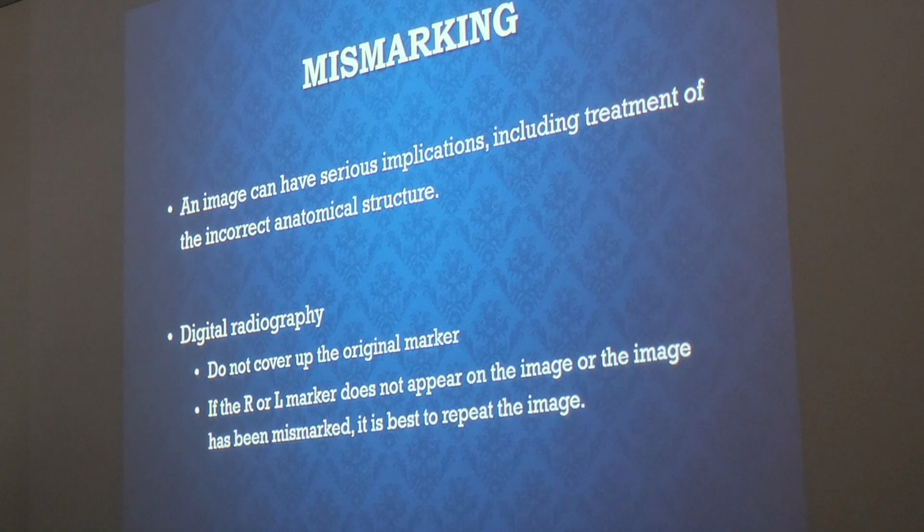I got a verbal warning. I did it digitally, so I didn't use my own marker, and when the image came up I wondered, this was done in AP, so is this the right side or the left side? Or did the computer flip it? So use your own lead markers.